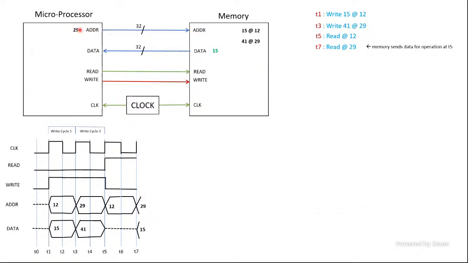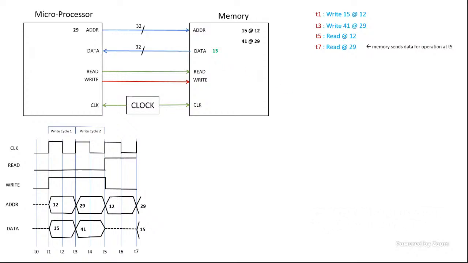At the same time, your memory is sending back the data 15 to the microprocessor. Now, this is a very important concept to grasp. It is not really a serial thing going on in the hardware; it is practically a parallel phenomenon going on at the same time point.